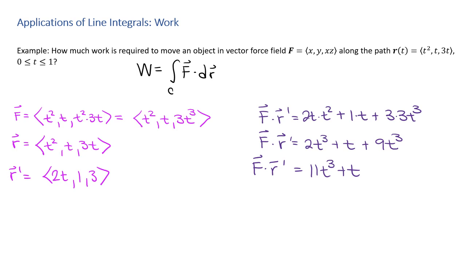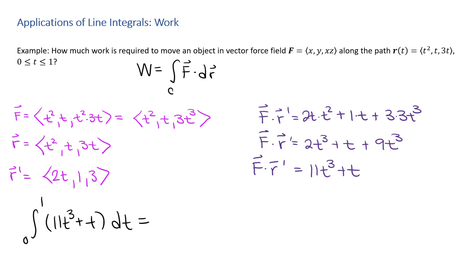And so then I'm going to take my dot product of F dot r prime. So t squared times 2t, t times 1, and then 3t cubed times 3. Add all of those things together. I got 11t to the third plus t.